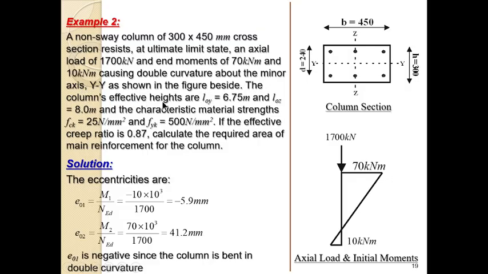The column's effective heights are L naught Y 6.75, L naught Z 8.0, and the characteristic material strengths are FCK equal to 25 Newton per millimeter squared, FYK equal to 500 Newton per millimeter squared. If the effective creep ratio is 0.87, calculate the required area of main reinforcement for the column.